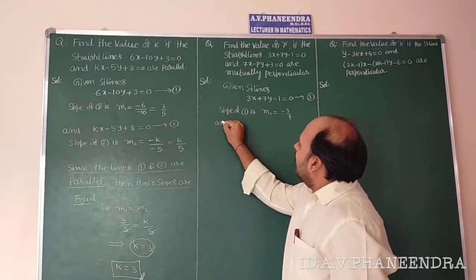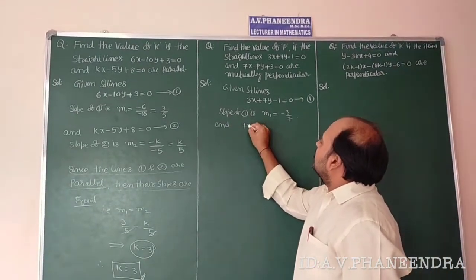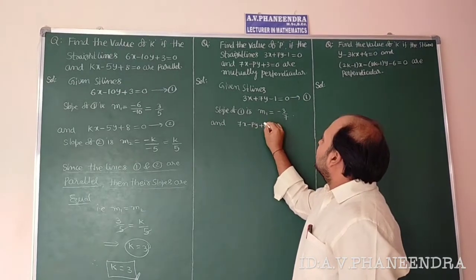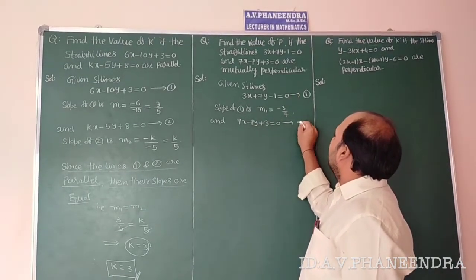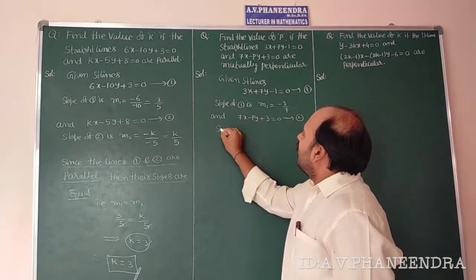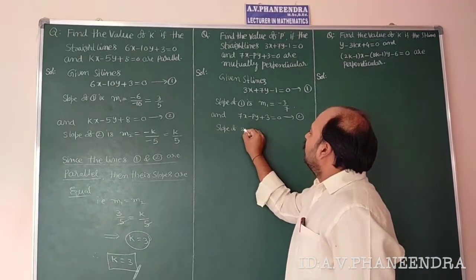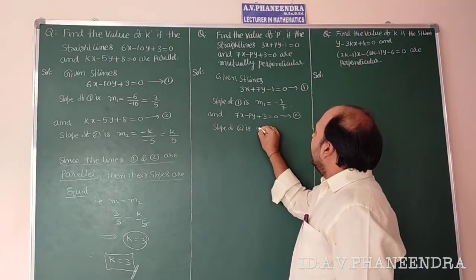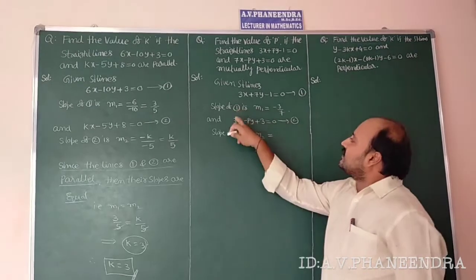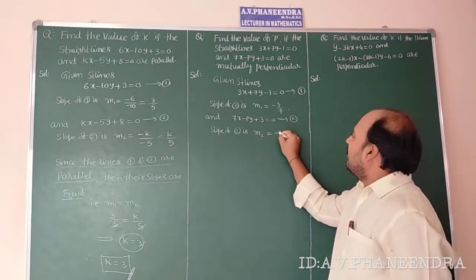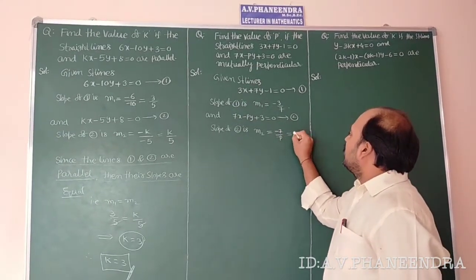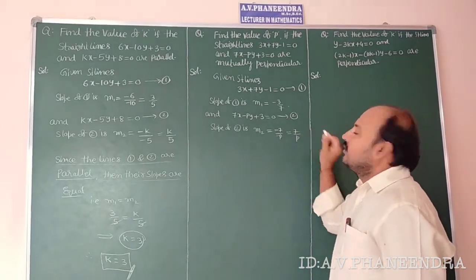Next, second line 7x minus py plus 3 equal to 0, keep that equation number 2. Slope of equation 2 is m2 is equal to minus x coefficient by y coefficient, minus 7 by minus p, which is equal to 7 by p.